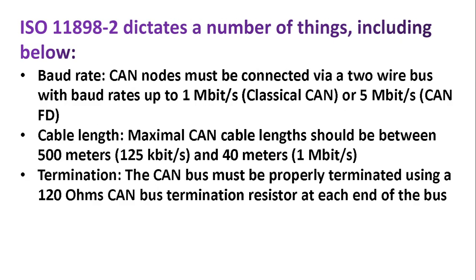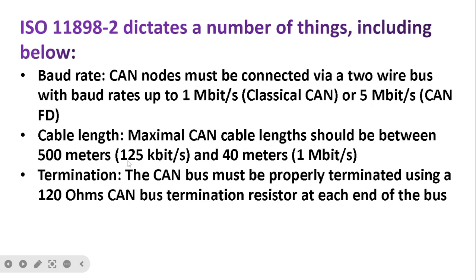Now, ISO 11898-2 specifies a number of things, including the following. First, baud rate: a CAN node must be connected via a two-wire bus with a baud rate of up to 1 megabit per second for classical CAN, or 5 megabits per second. It means the cable should pass this 1 megabit per second of data. Next, the cable length: the maximum CAN cable length should be 500 meters.